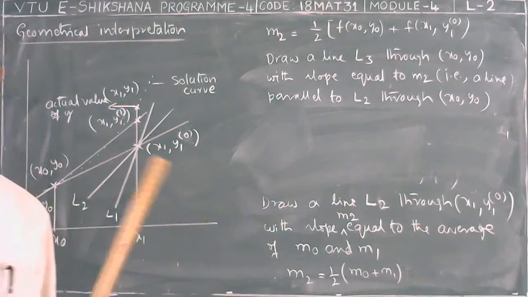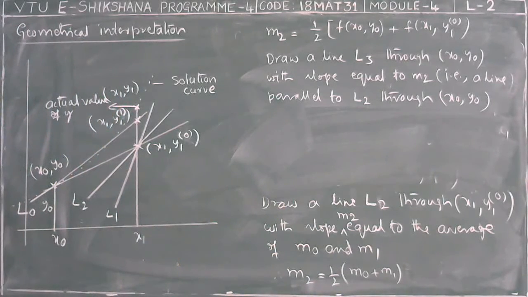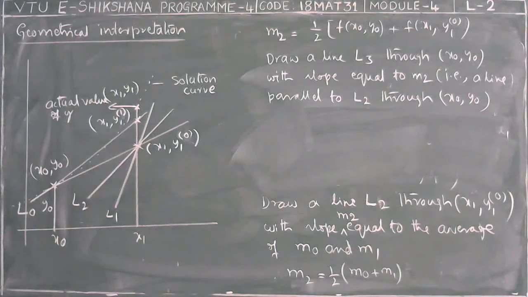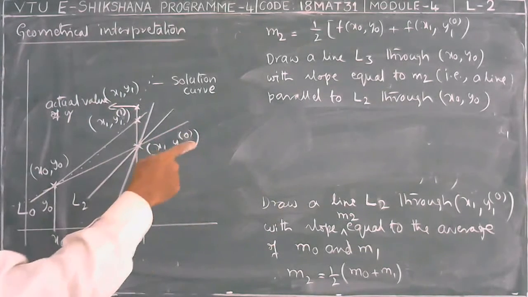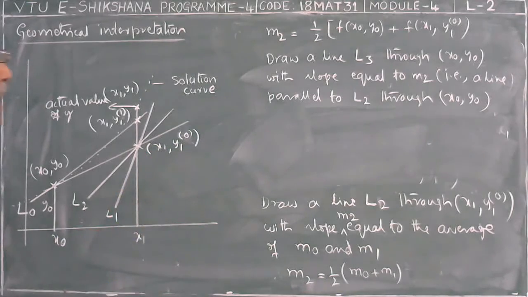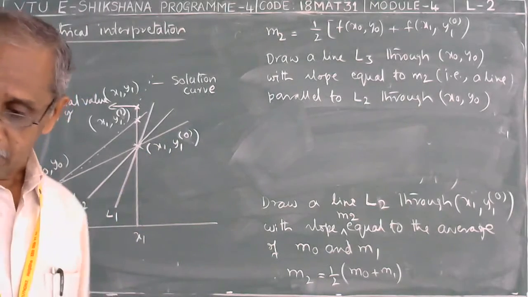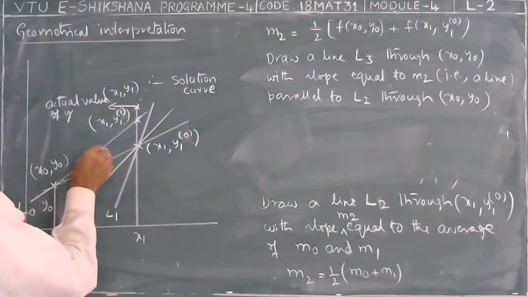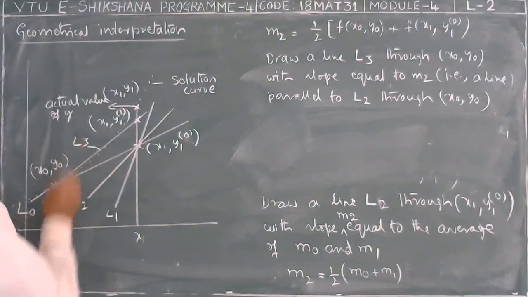That is the improvement here. Okay, so we have drawn L3 through x0 y0 with slope equal to m2, but m2 is the average of slopes of L0 and L1. So this is the line L3.